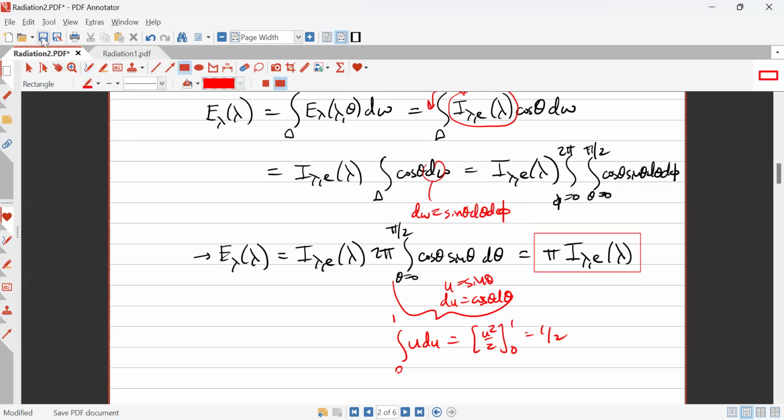So for any diffuse surface, the hemispherical spectral emissive power, E sub lambda, only a function of lambda, is just pi times that intensity, which also again depends on lambda.